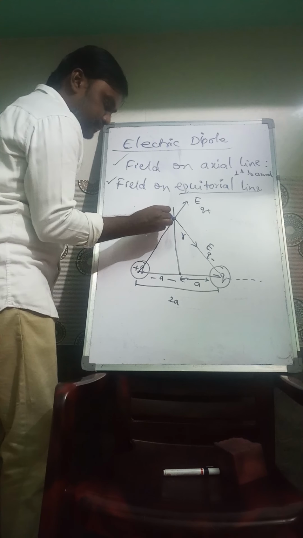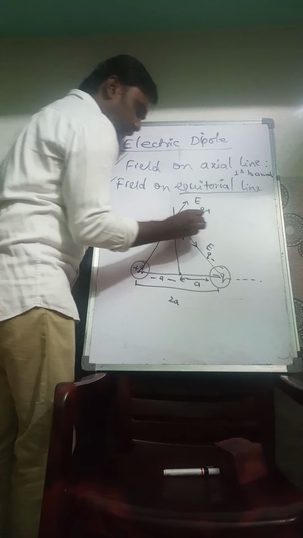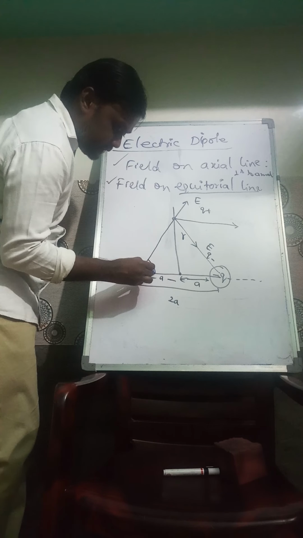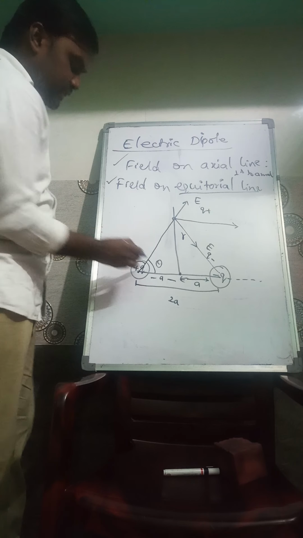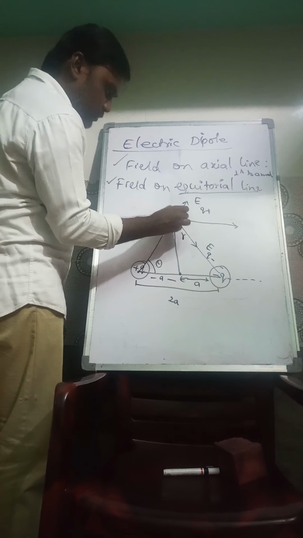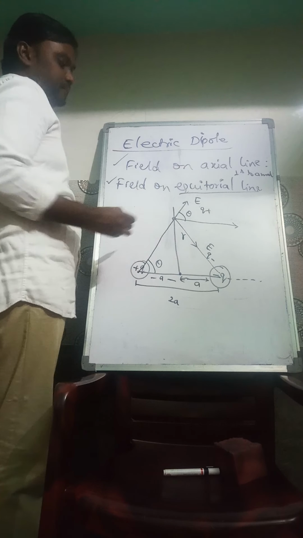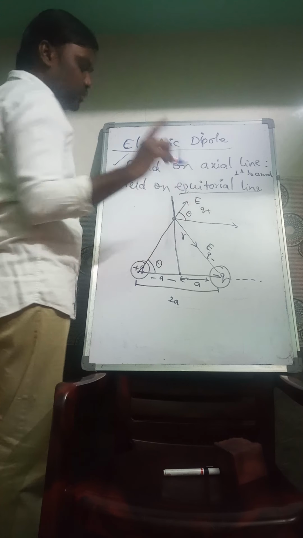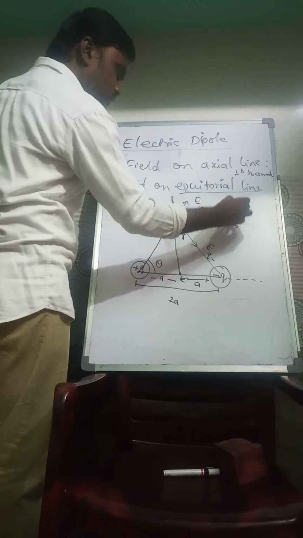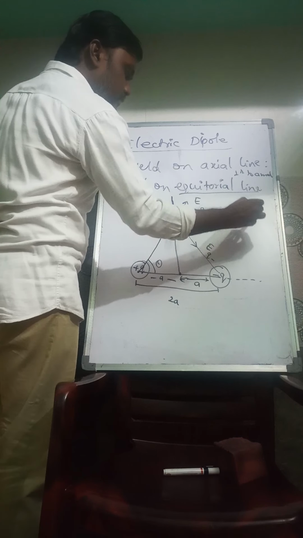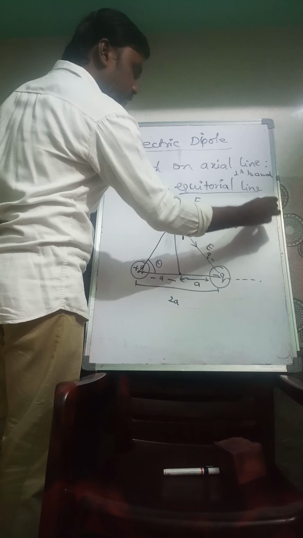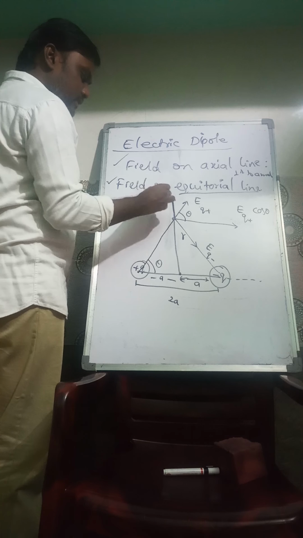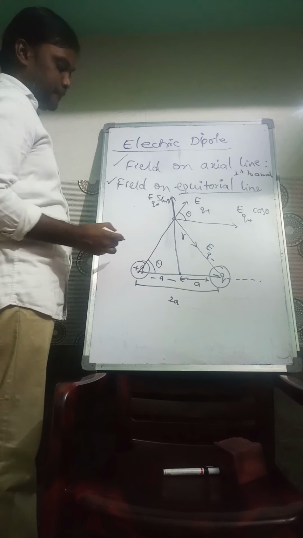Here we draw a horizontal line, and let this angle be theta. This is also the same angle theta. Let us divide E q plus into two components, the resolution of components. This will be E q plus cos theta, and this will be E q plus sin theta.